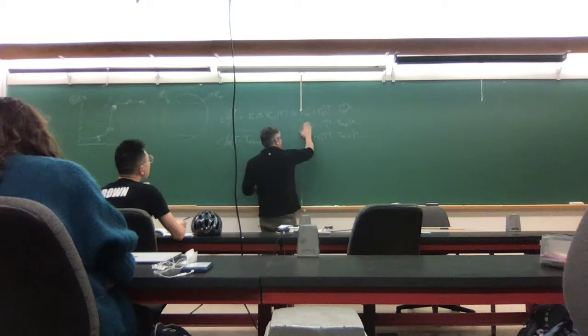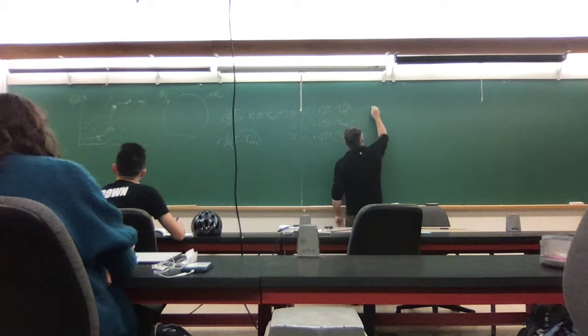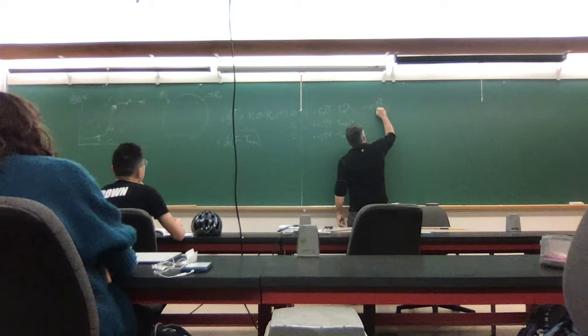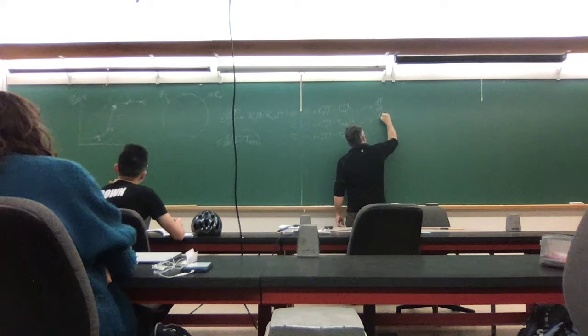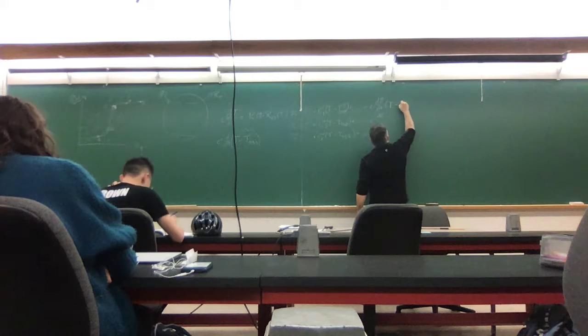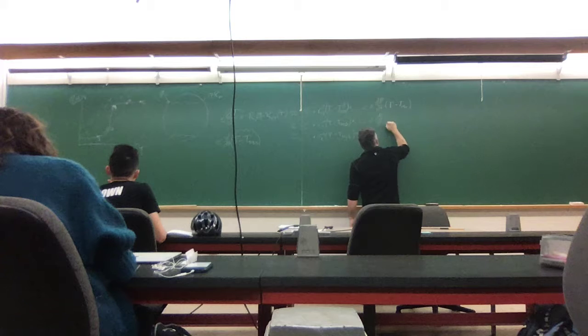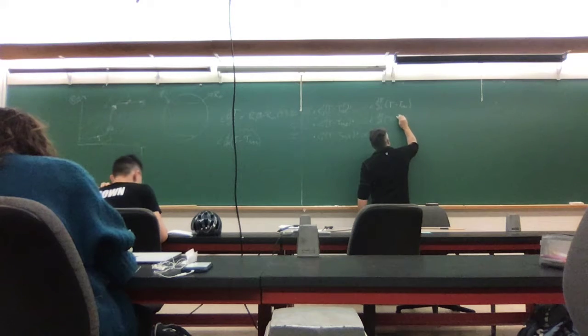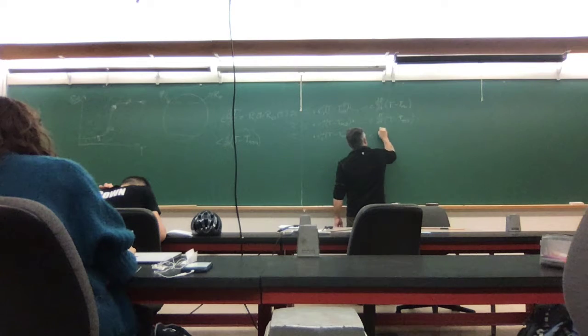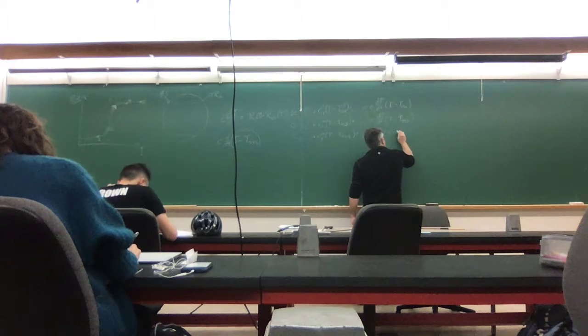And I can do the same game here and here, but in both of those cases, I should write it as C d by dt, T minus T steady state 1, d by dt, T minus T steady state 2, d by dt, T minus T steady state 3.